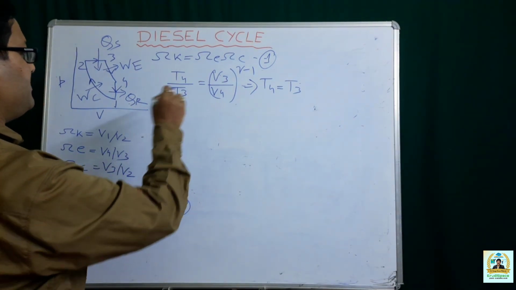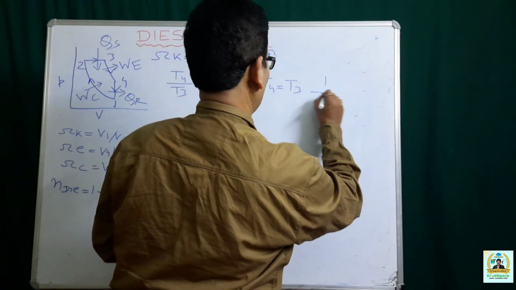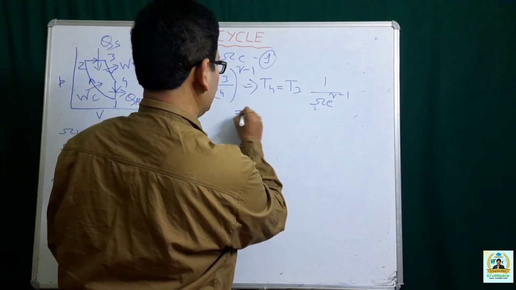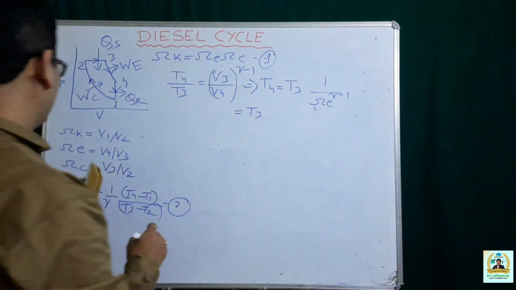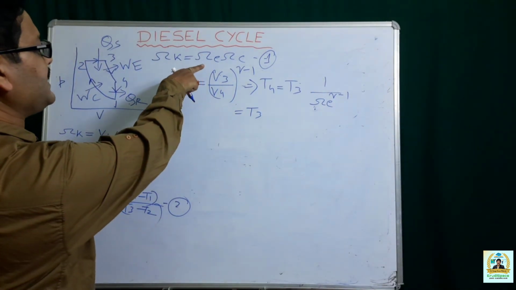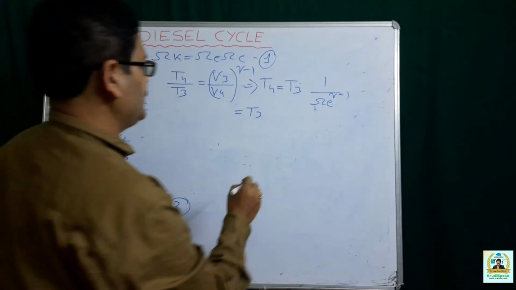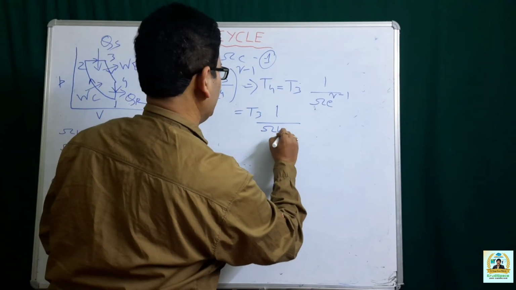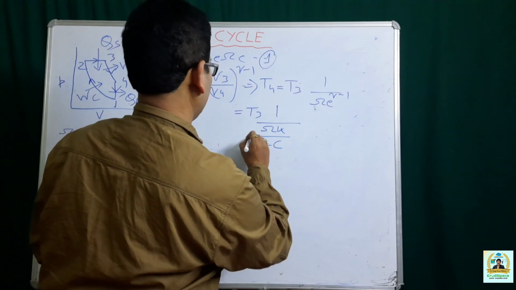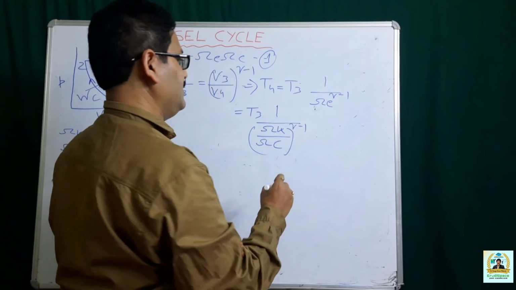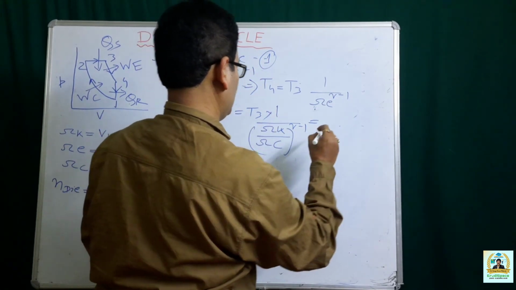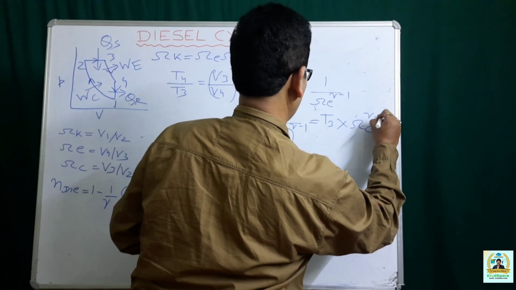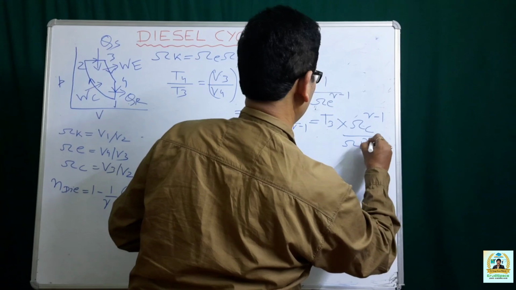So V3 by V4 is 1 by RE to the power gamma minus 1, and you can represent this as T3, and the relationship is that RE is equal to RK by RC, divided by RK by RC to the power gamma minus 1, or that is equal to T3 into RC to the power gamma minus 1 divided by RK to the power gamma minus 1.